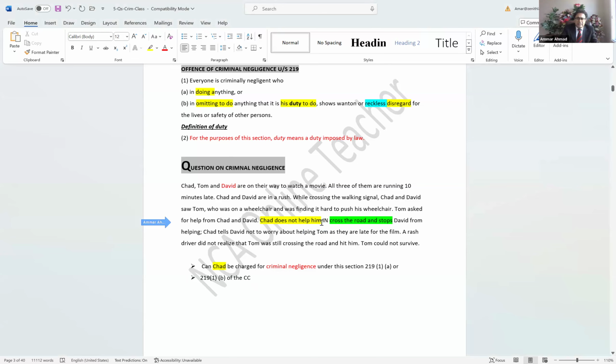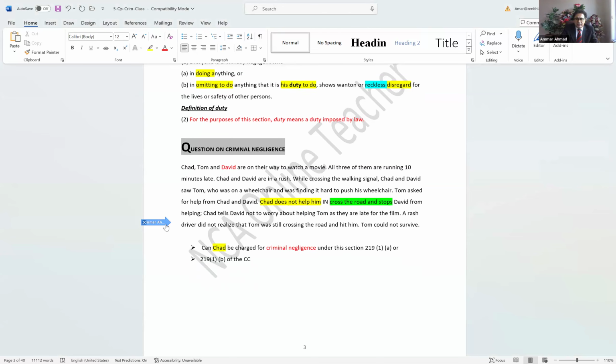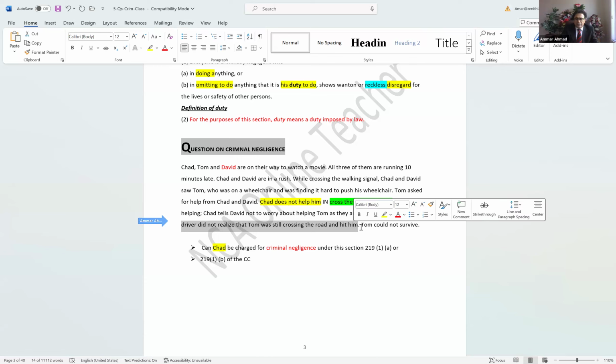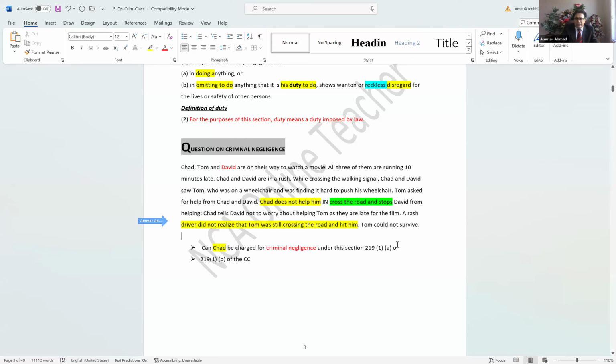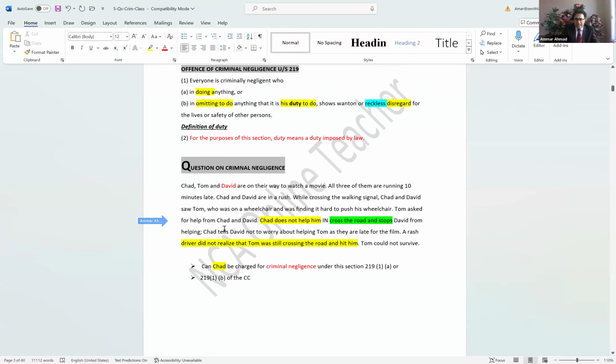A rash driver did not realize that Tom was in a wheelchair, and hit him. So Tom was injured because of the rash driving of the driver, and also partly because Chad did not help him. So apparently it looks like, because Chad did not help him, he may be charged.